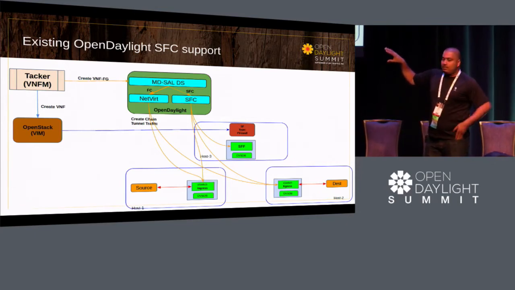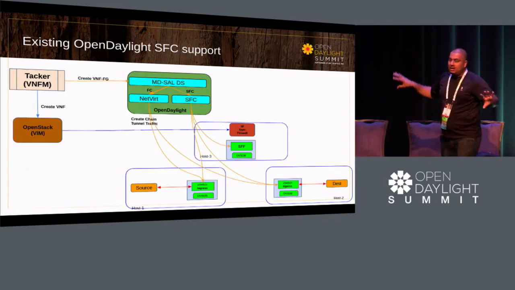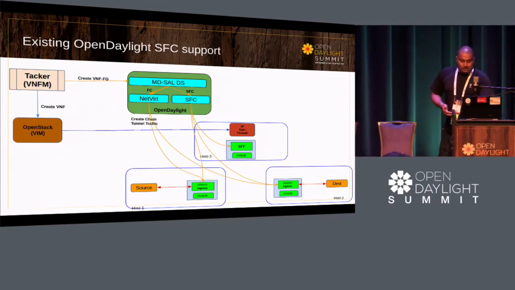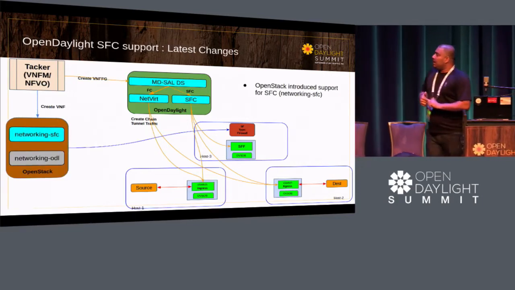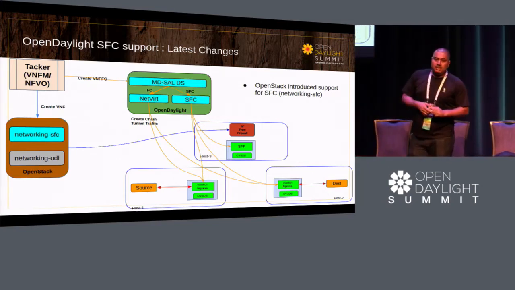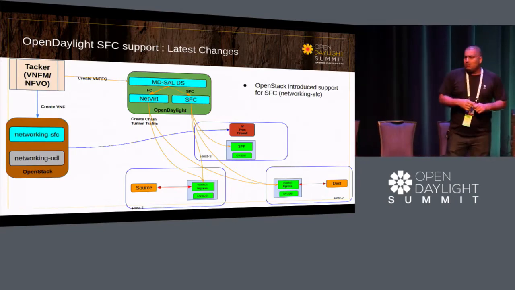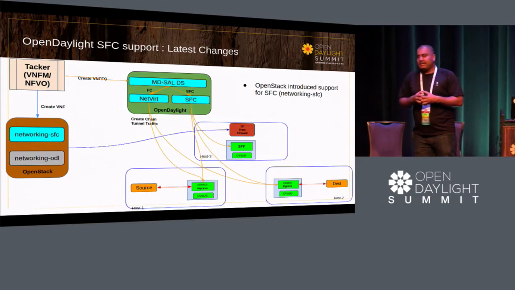Tacker is the main component. You talk to these different components, one is OpenStack and one is ODL, and it sits on top of them. Now, why do we want to change this? There's a new change: OpenStack now exposes networking SFC APIs. They have their own SFC APIs, exposed I think in the last one or two releases, so now we have an SFC component within OpenStack.